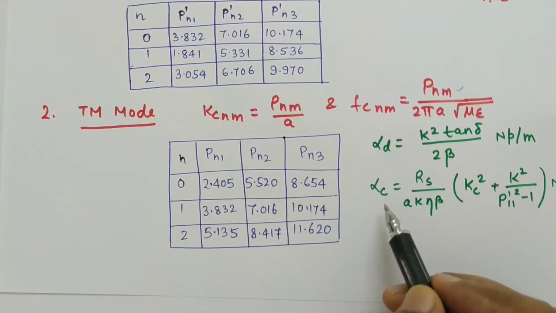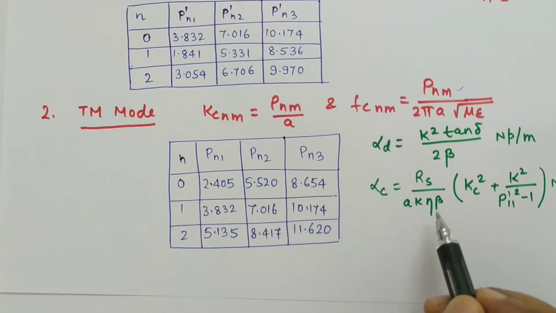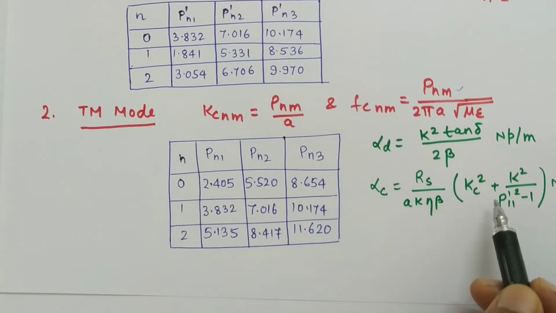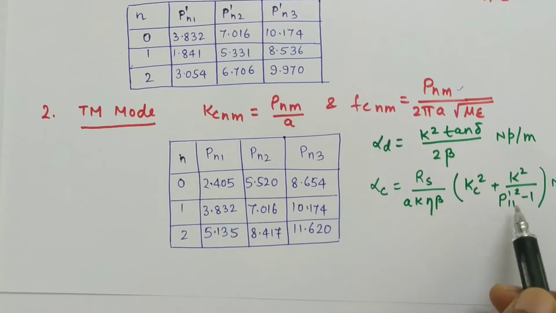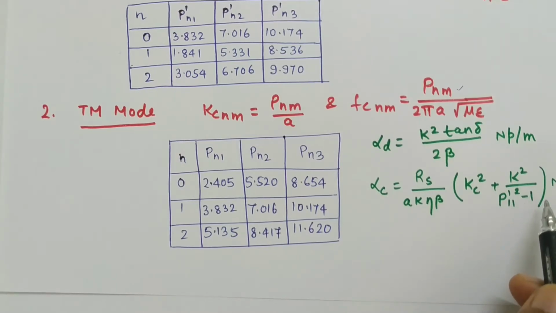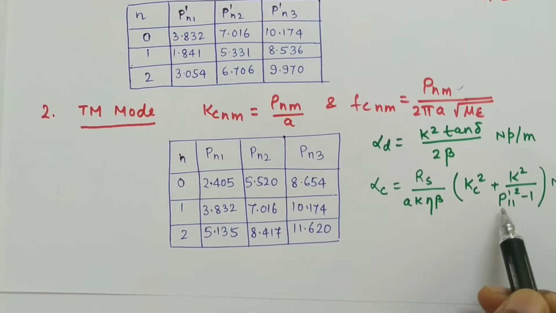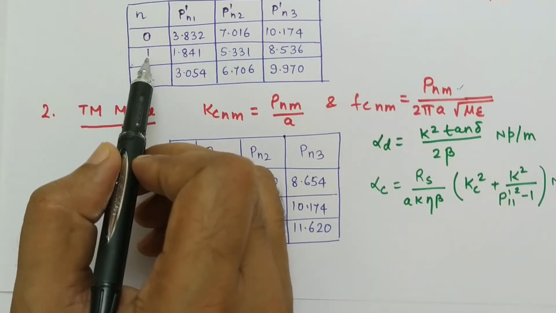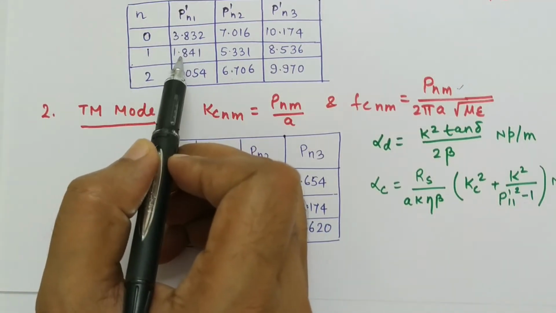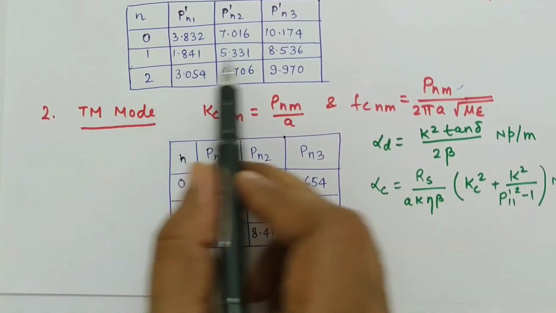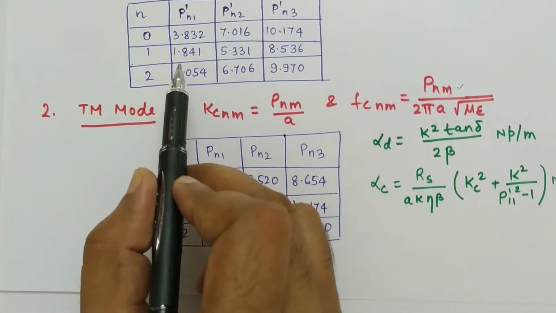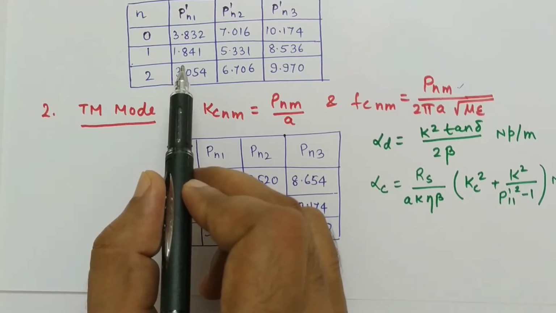And attenuation due to conductor is given as alpha c equal to Rs by a k eta b into kc squared plus k squared divided by p dash 11 squared minus 1, where p dash 11, for n equal to 1, is 1.841, which we can see among these two tables has the lowest value.